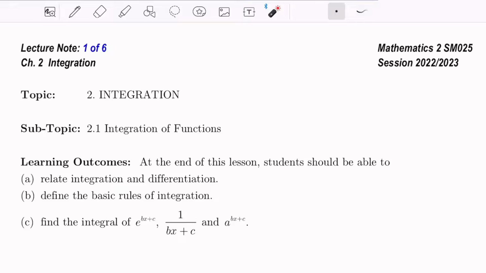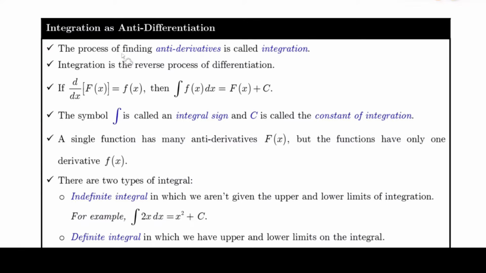The first part is integration as anti-differentiation. The process of finding the antiderivative is called integration. Integration is the reverse process of differentiation. If d/dx of F(x) equals f(x), then the integral of f(x) with respect to x equals F(x) plus c.